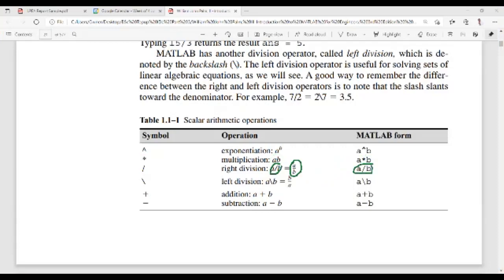You see that this is a forward slash. There are two types of slash. We have a backslash and a forward slash.